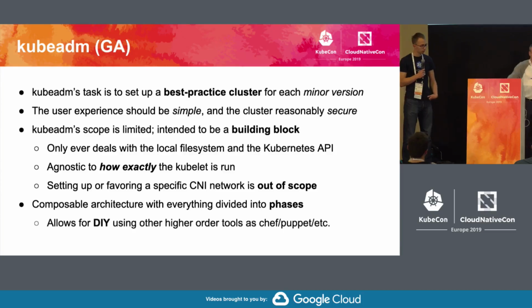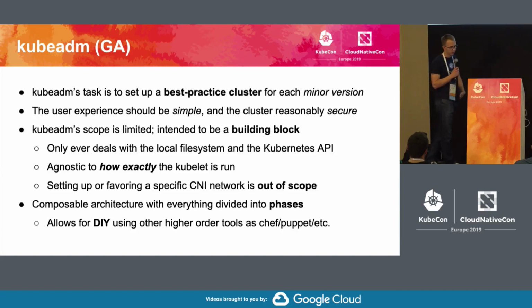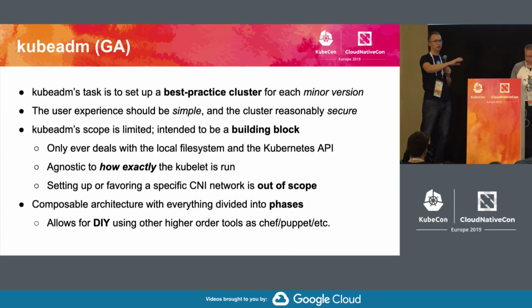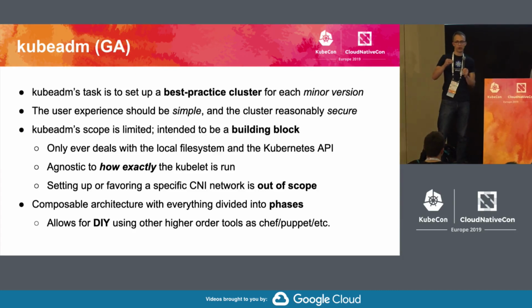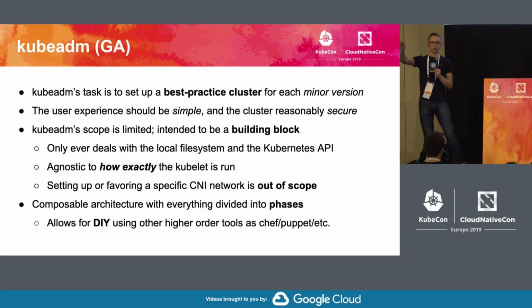You want to talk about these ones? Yeah, so I already mentioned that kubeadm scope is limited in that we have defined points, and we have also defined scopes of what it can do. So kubeadm won't randomly SSH into some random machine and do something else, like some infrastructure thing would maybe. kubeadm only ever talks to the Kubernetes API once it's up, and in order to get it up, it creates some files on disk.